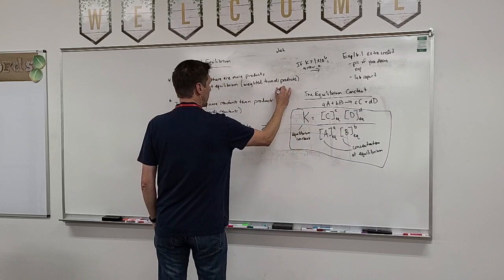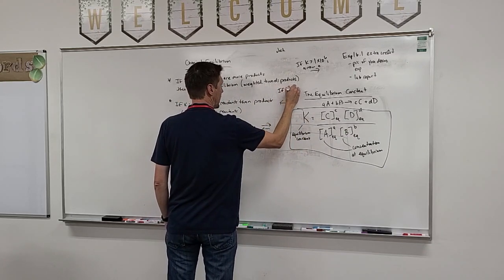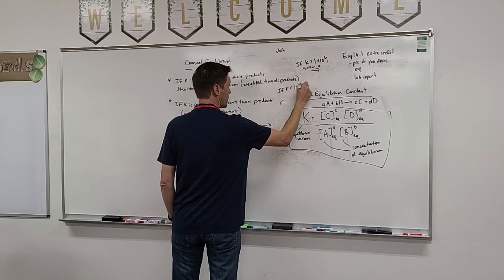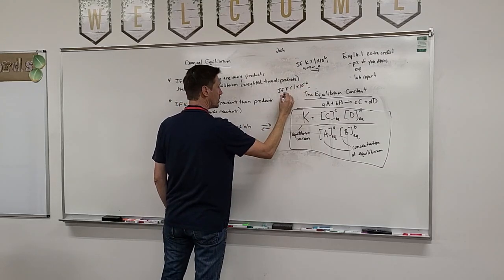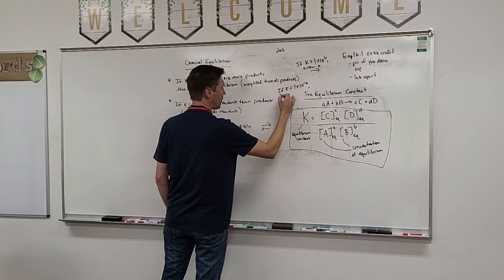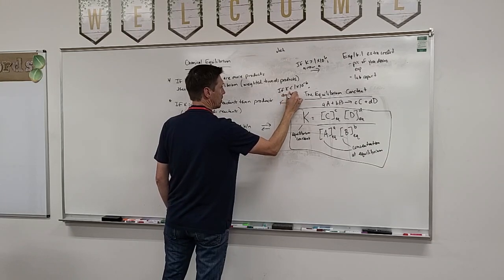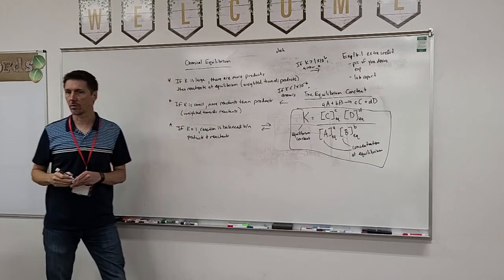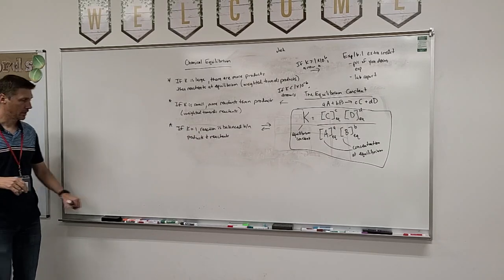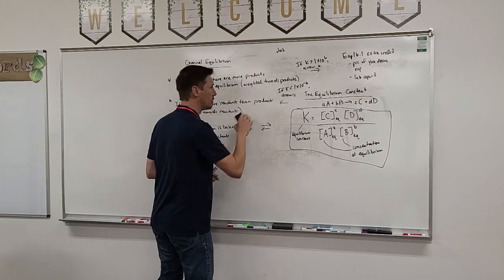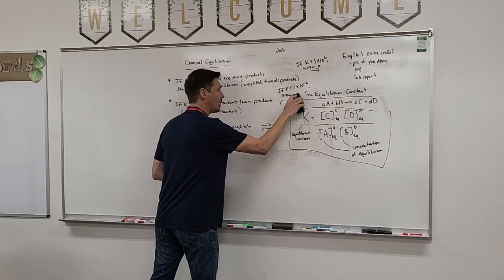Conversely, if K is less than 1 times 10 to the negative 6, then we say it's so heavily weighted towards the reactants that we would write the arrow pointing towards the reactants. That's two separate words. It looks like I came up with a new word called arrowis.